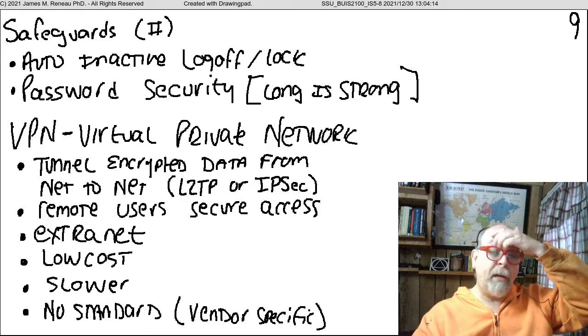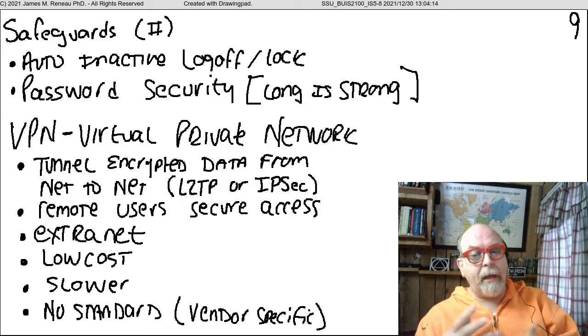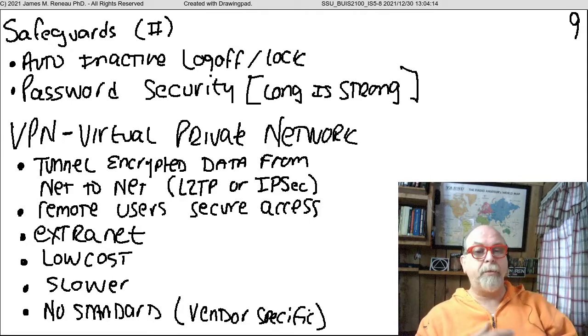Password security is another safeguard, but password security is a human thing. Humans don't like to remember passwords, don't like to remember long passwords, and password security is problematic and not very secure. Most users have 2 or 3 passwords they use for every service and every site.